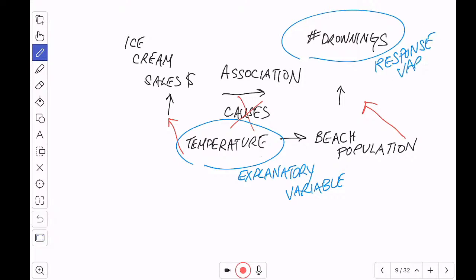Am I saying that the heat is causing people to drown? No, I'm identifying this link between temperature through beach population and drownings that can be monitored. Still, I'm not saying temperature causes people to drown. So this is an association I can use to reduce the fatalities or injuries from drowning.